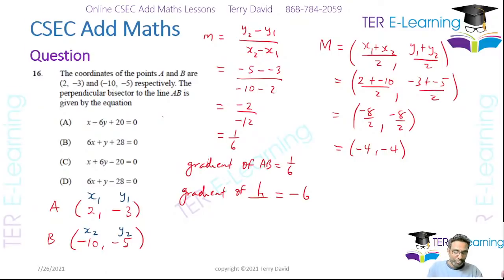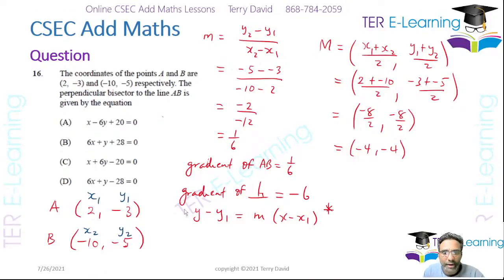So I know my midpoint and I know my gradient, right? So the next thing I need to do now is find the equation of the line. You all may have seen this formula before: y minus y1 is equal to m into x minus x1, right? That's the formula we're going to use in order to find my equation.